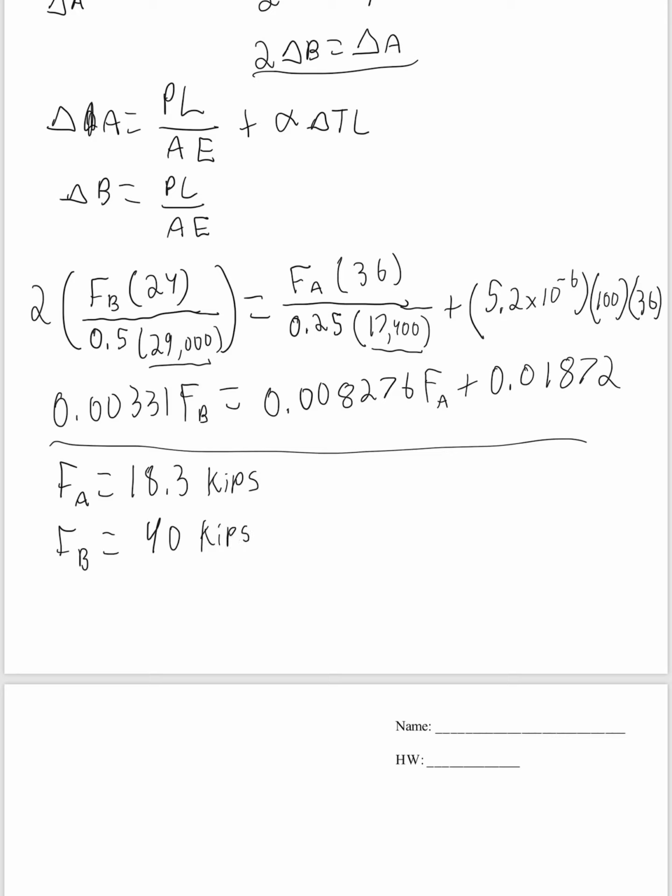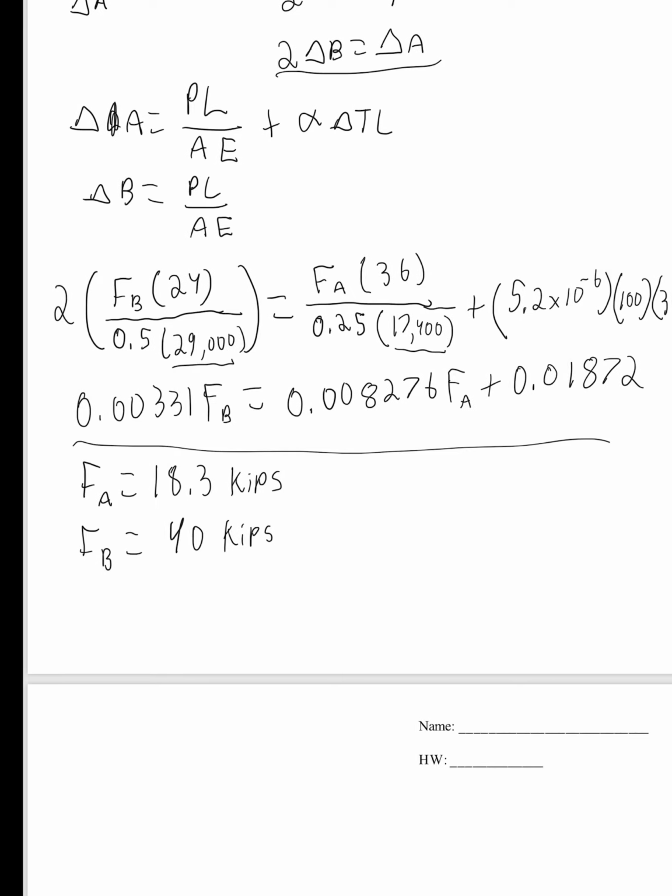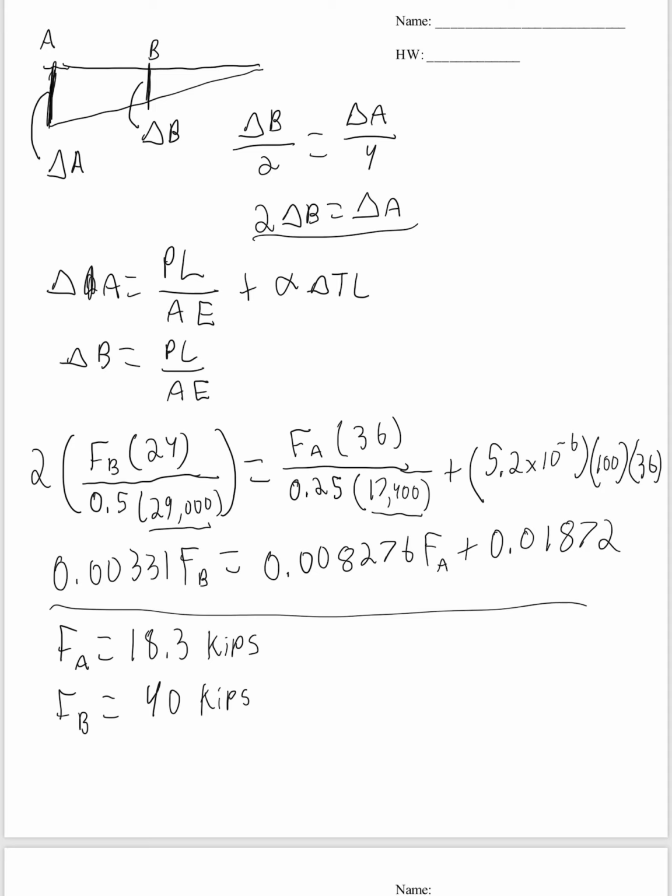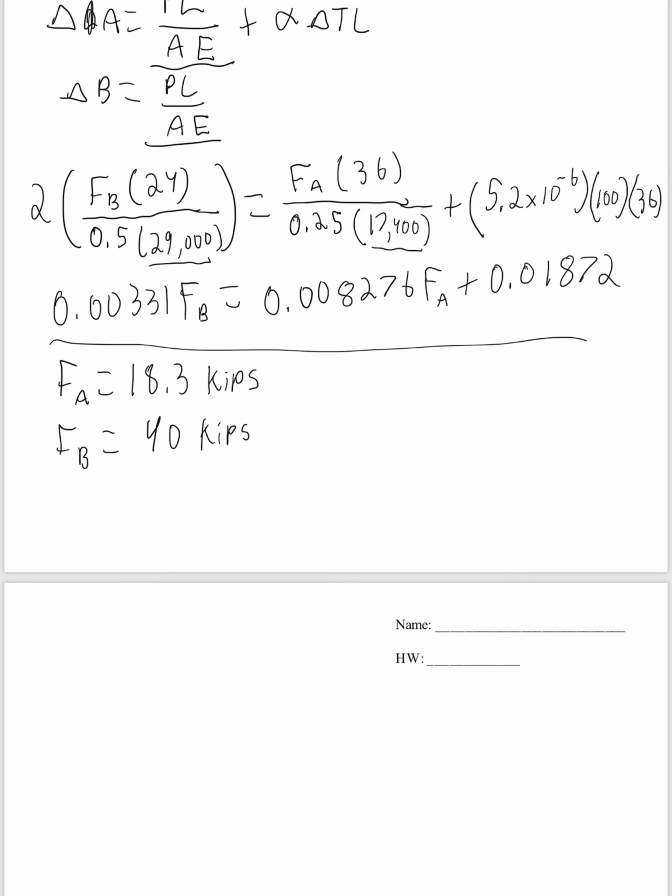So those are our forces if we are elastic. Up here, when we used PL over AE for both these terms, that assumes that they don't yield. So that's what we have to check. The stress in A is force over area, 18.3 over the area of 0.25 gives us 73.2 KSI.